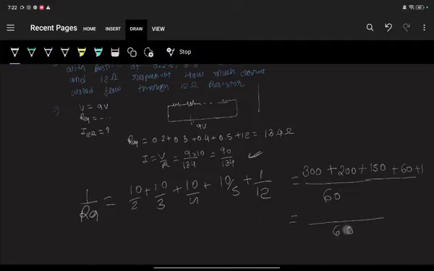Actually 5 times 12 is 60, so 120, not 60. Plus 1 by 12 gives 5.